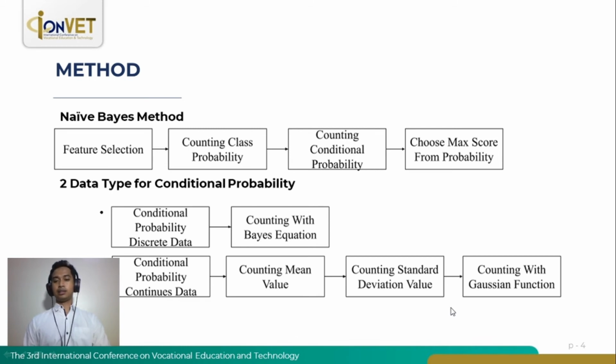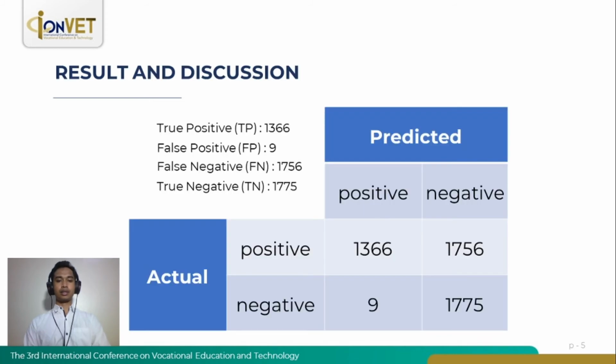And then finally we choose the max score from the probability. The biggest score will be the predicted class of the data. For the result, we can see the confusion matrix table like this.